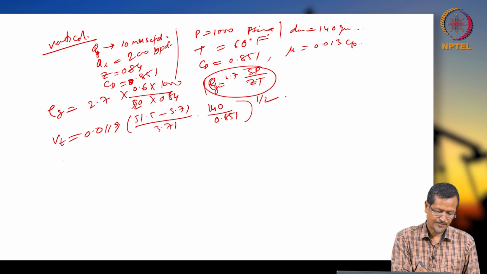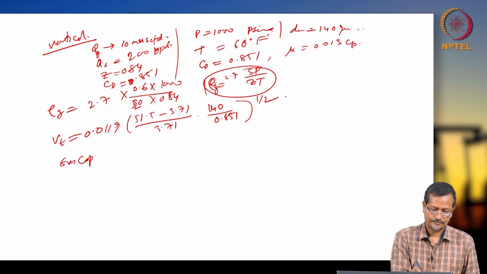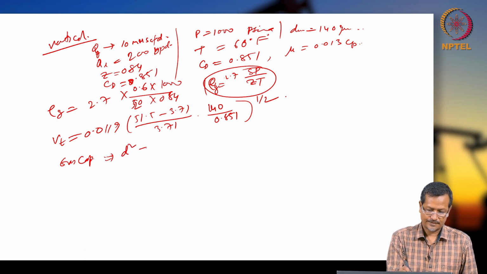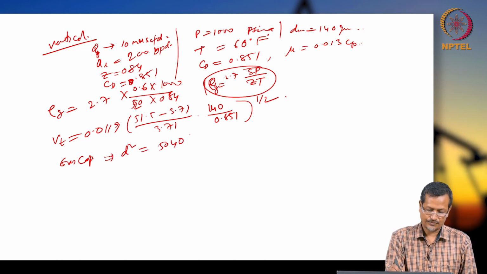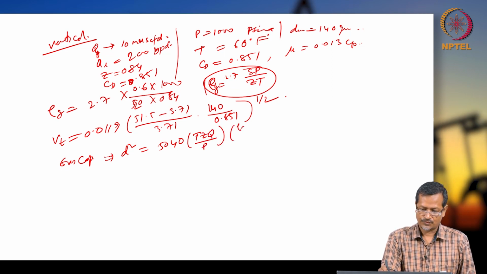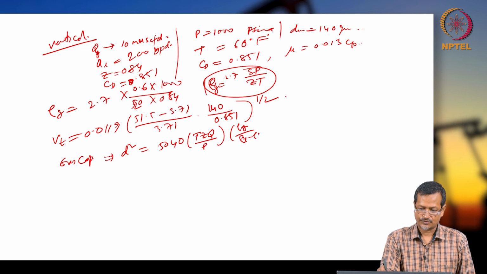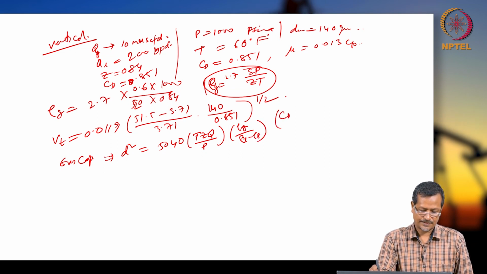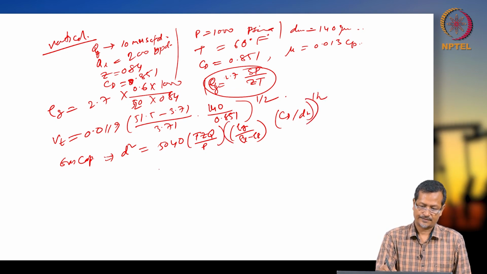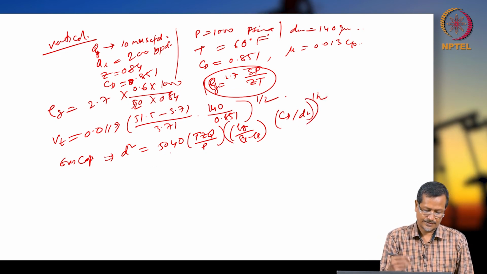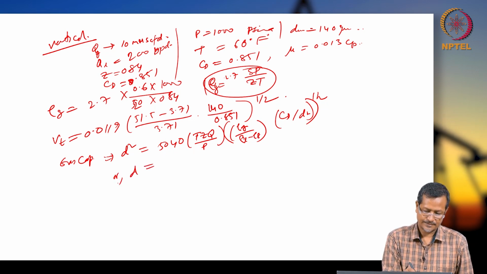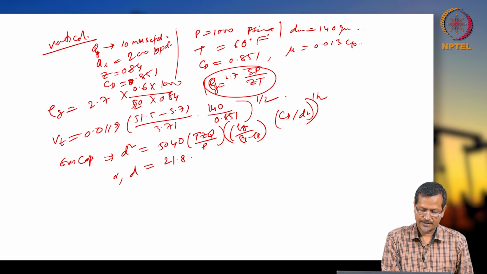So the gas capacity equation: D square equals 5040 TZQ by P, times rho G by rho L minus rho G, times CD by dm, to the power half. All right. So this value will come, D equals 21.8 inch.